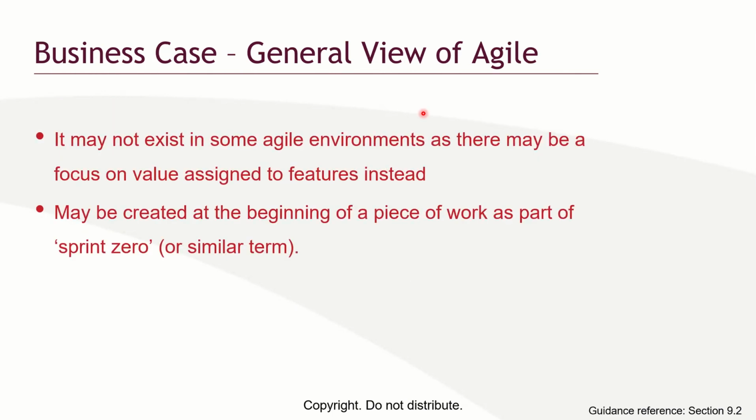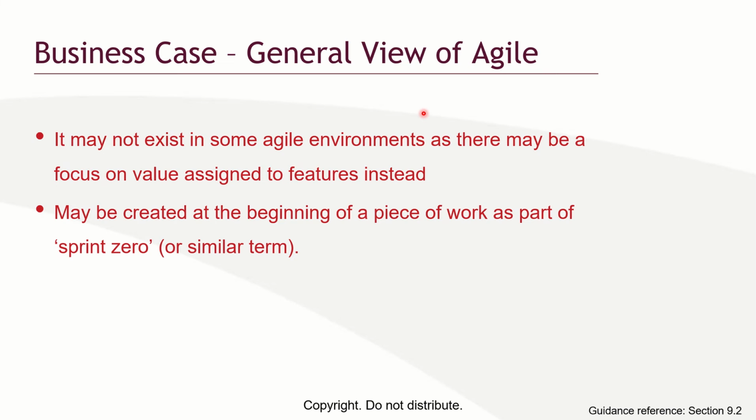Number one, out of the 7 teams that we have in Prince2, is called business case. What is a business case? Generally, a business case is a document that justifies why a project should be carried out. So, what is the view of Agile when it comes to business case?